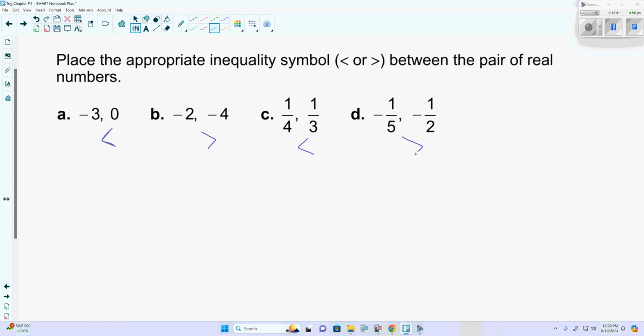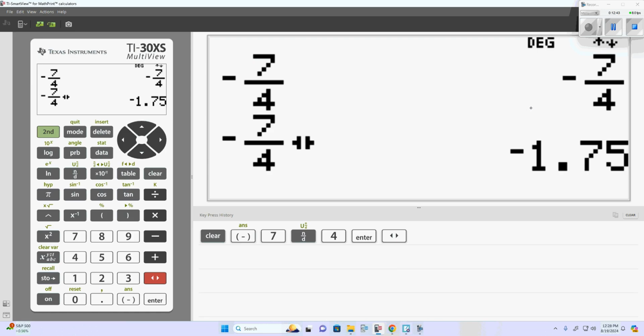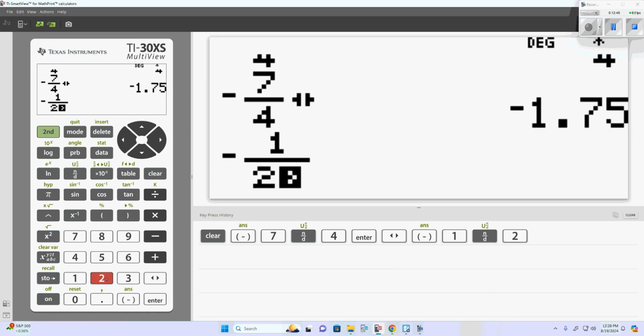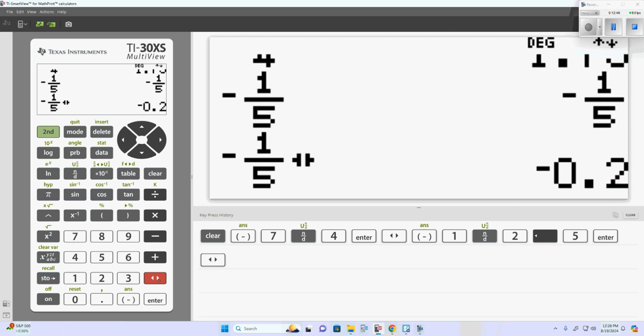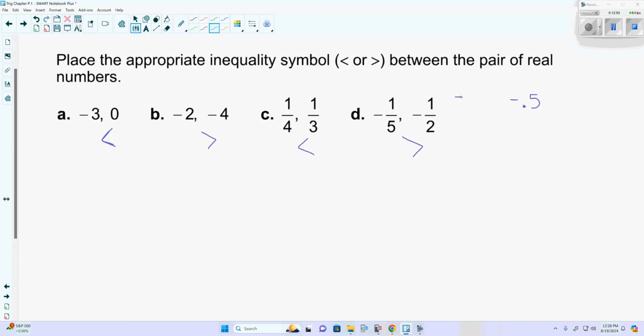Almost. Because if we think of them as a decimal, so here, -1/2 is -0.5, yes? -1/5 is -0.2, yes? So if I graph these on a number line, 0, we have 2 out here.